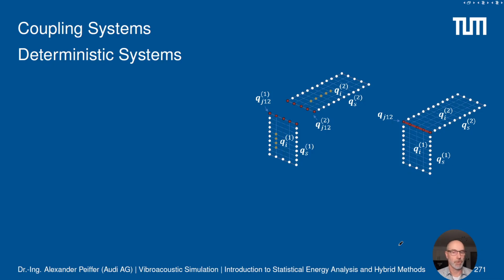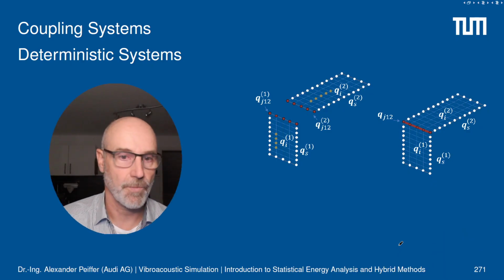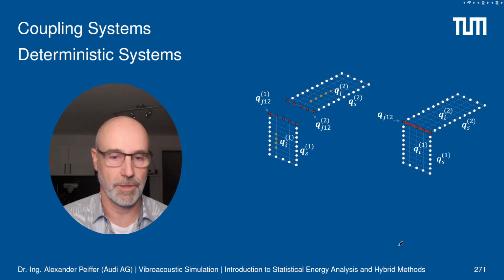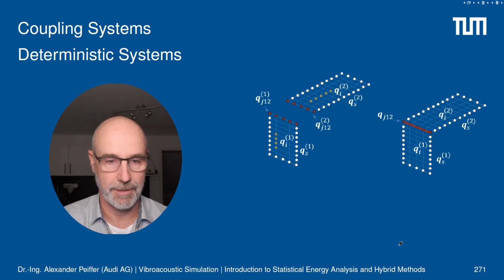Good. So that's the first introduction of, let's say, the power flow matrices of an SEA subsystem. Thank you so much for this very first and very important session for really dealing with an SEA subject. And the next session will be about the coupling.